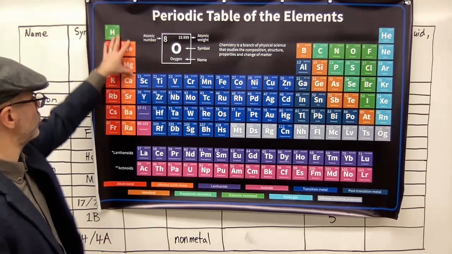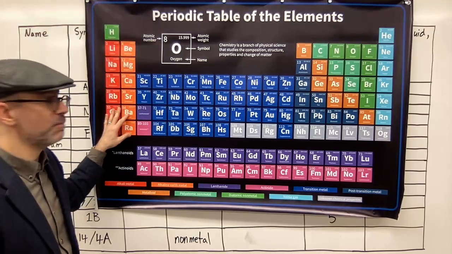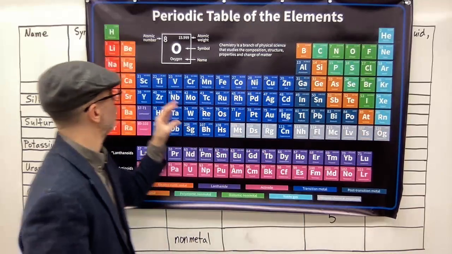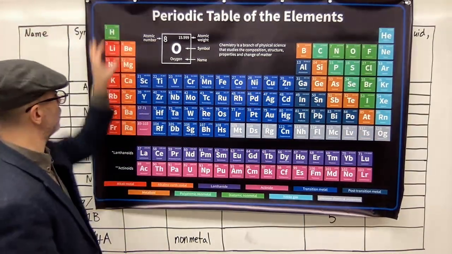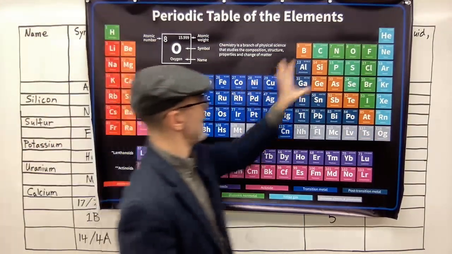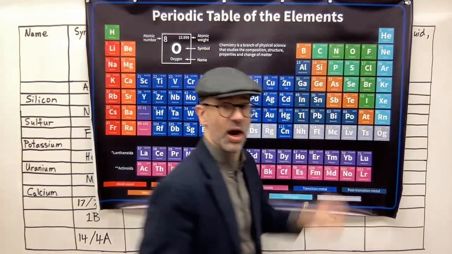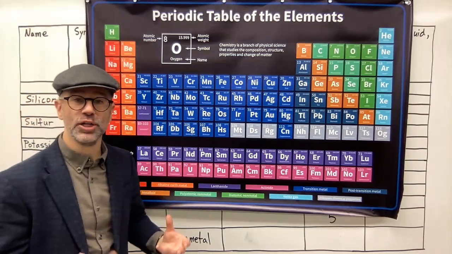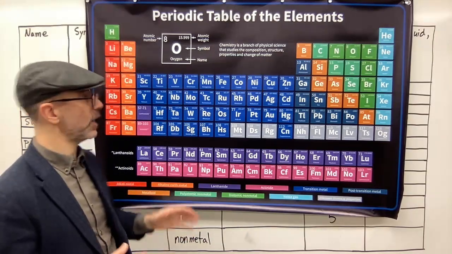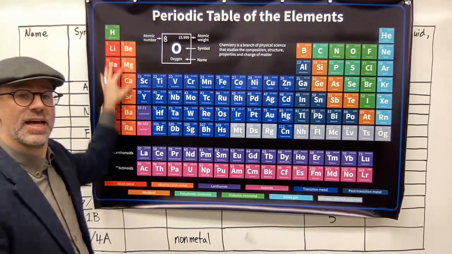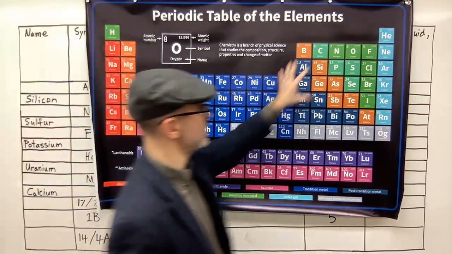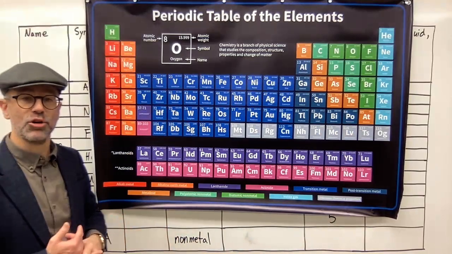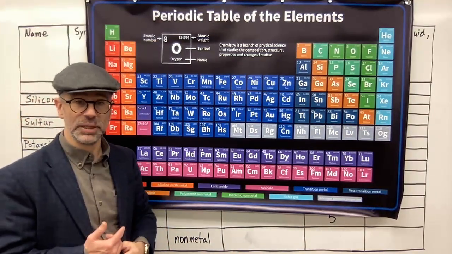That would be these two groups here, and these six groups here. If you know the electron configuration, you might know this as the s block, and this as the p block. So again, those are going to be the main group or representative elements.